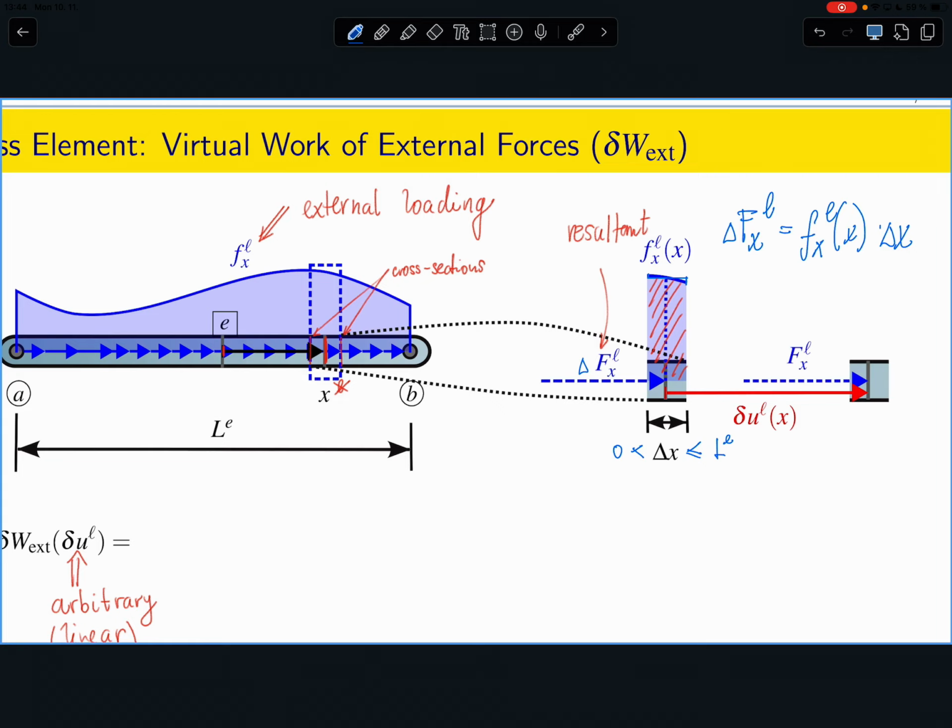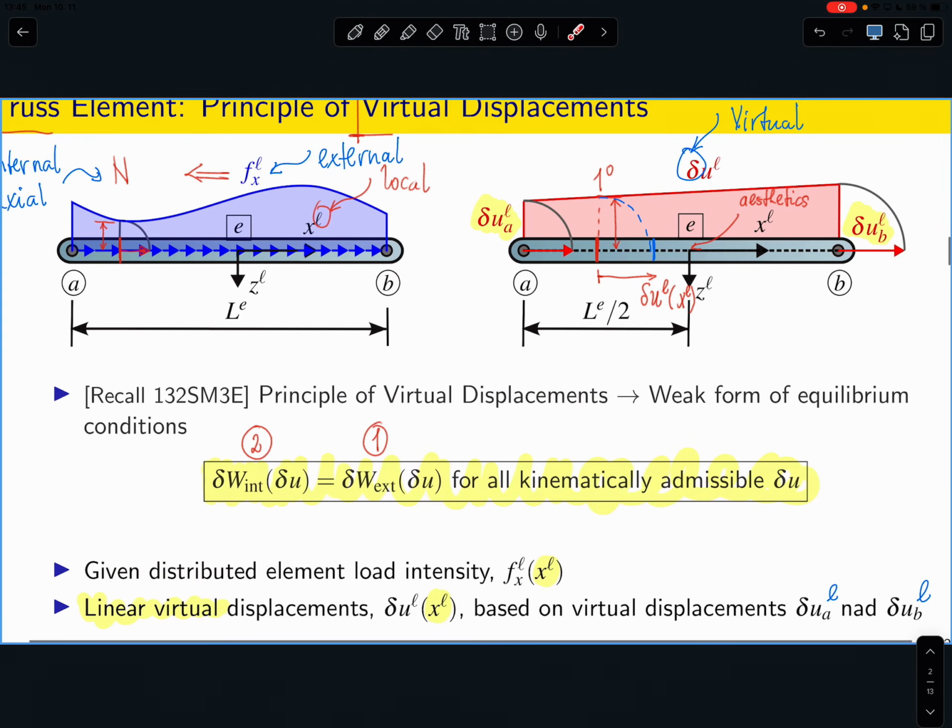Now, because I know what the virtual displacement field is, which is an arbitrary linear function given, I can have a look at this function as I was trying to explain previously, and see the displacement of the corresponding cross-section, denoted here as delta UL of x. You can just imagine that you can read this value off from this diagram. I'm somewhere here, let's say, so this would be the value of that virtual displacement.